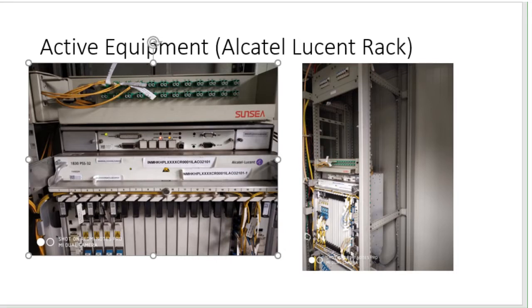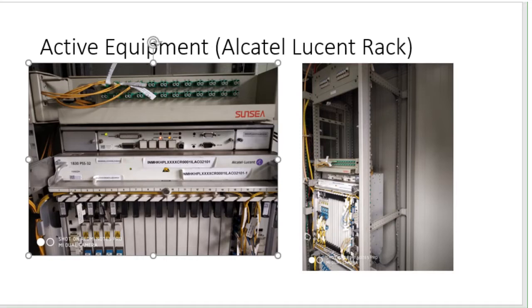Just before this unit, this equipment is installed, which is called Alcatel Lucent electronic equipment. You can read the model number 1830PSS-32, and below this equipment again there is a fiber termination unit installed.